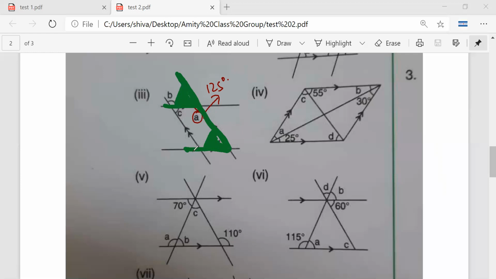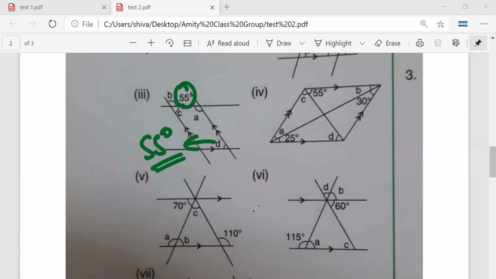Mr. Satya, is it okay? Yes. This is an F which is formed, therefore this angle is equal to this angle. Now this angle is 55 degree, therefore this angle would also be equal to 55 degree. Any doubt?